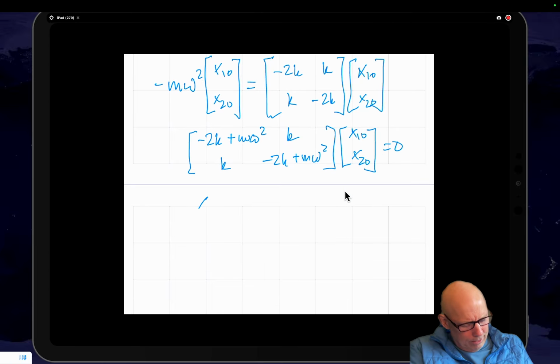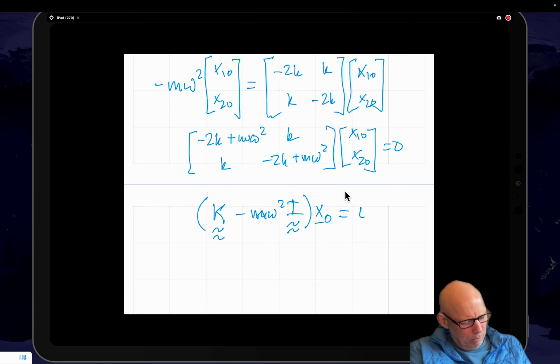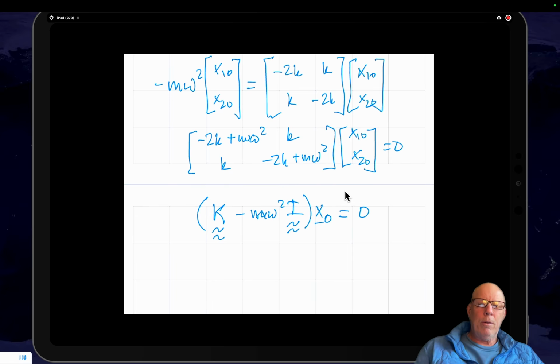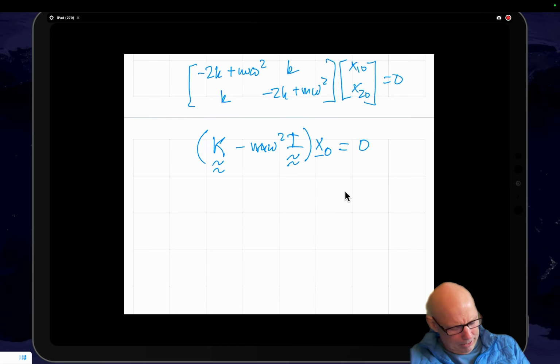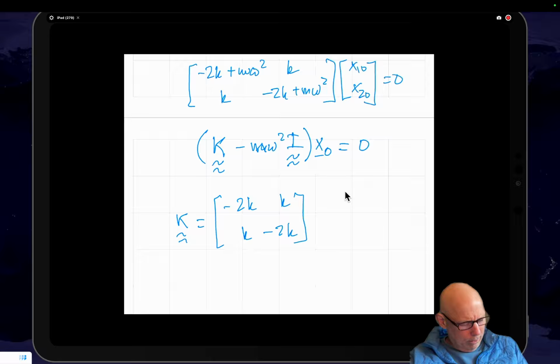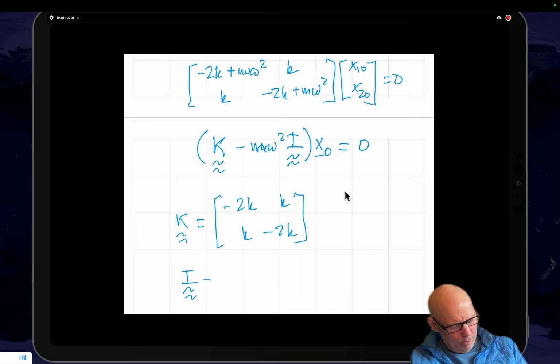I can also write this, if I want, as the matrix K minus m omega squared I acting on my zero vector equals 0. That's a different way of talking about this. So the matrix K in my notation is minus 2k, k, k, minus 2k, and I, you already know, is the identity matrix.